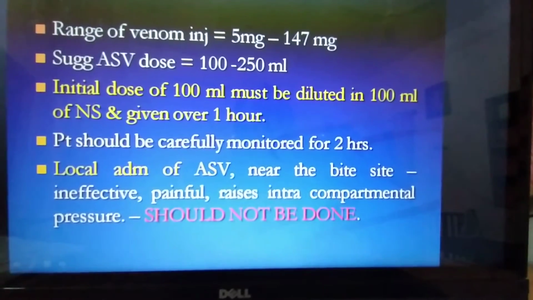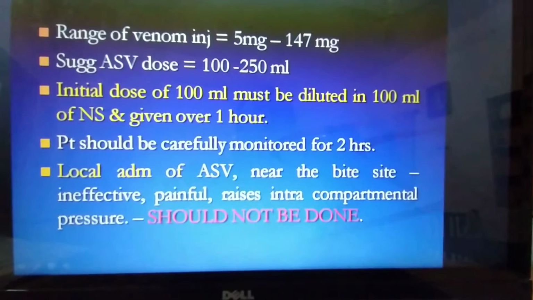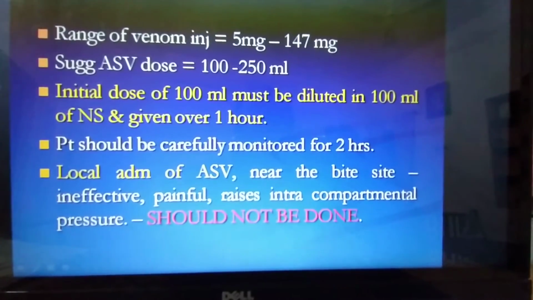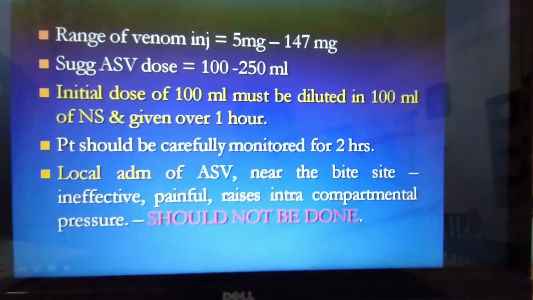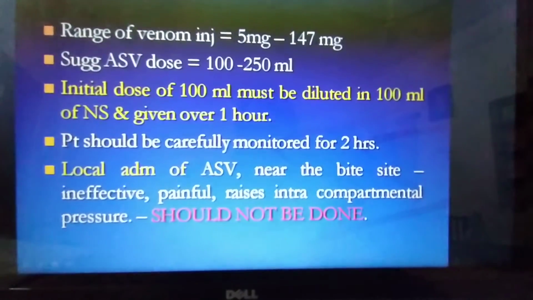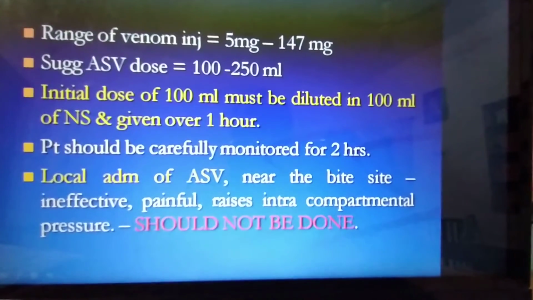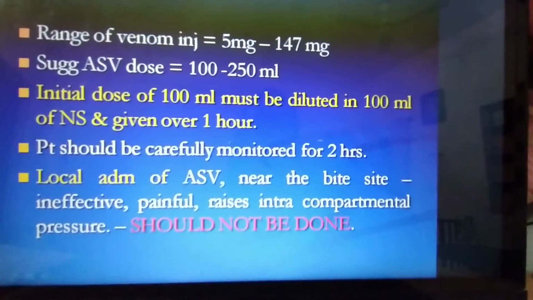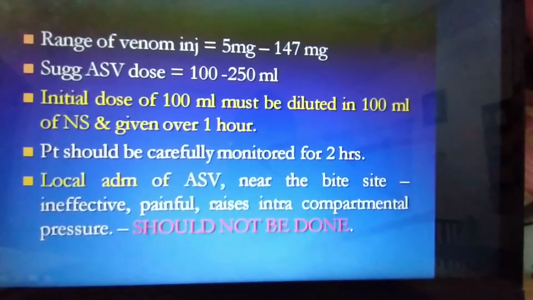So 100 ml must be diluted first and administered. An important thing: the patient should be carefully monitored for 24 hours. And don't go for local administration of anti-snake venom near the bitten site.